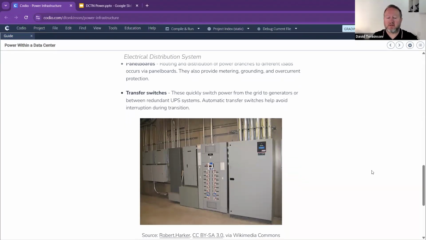Then we have transfer switches. These are the devices that do a lot of the hard work. Transfer switches will literally quickly switch the power over from grid to UPS to generators. Now, I mention it in that particular order because, how quickly does a generator start up? That's pretty much a rhetorical question.